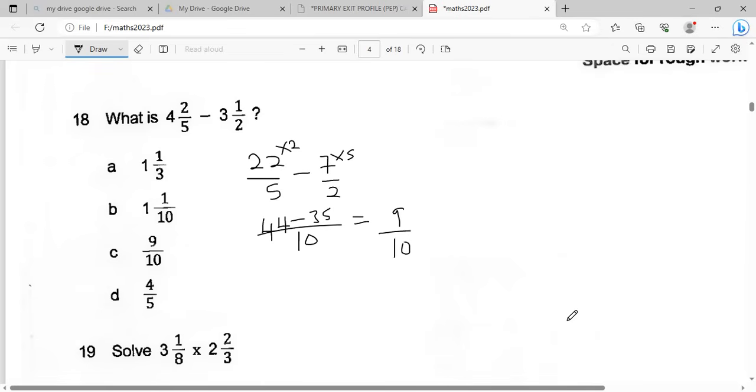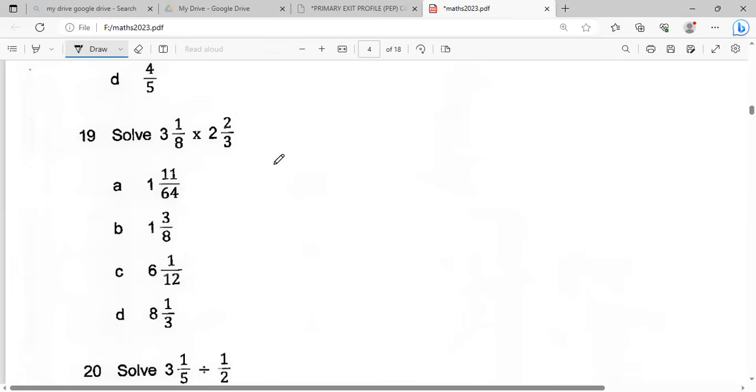All right, let's move on to 19. Solve 3 and 1 over 8 minus 2 thirds. 3 times 8 is 24, and 1 is 25 over 8 times 3 times 2 is 6, plus that 8 over 3. Normally I would say multiply numerator by numerator, but the 8 can cancel right away, all right?